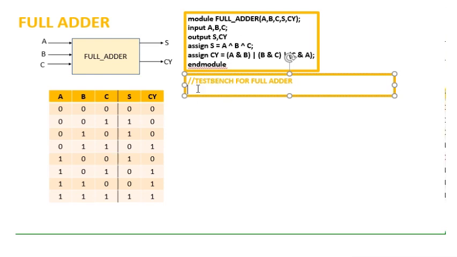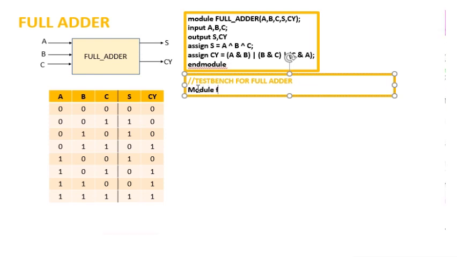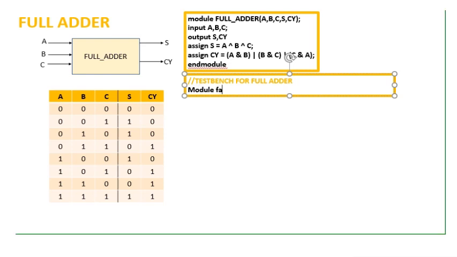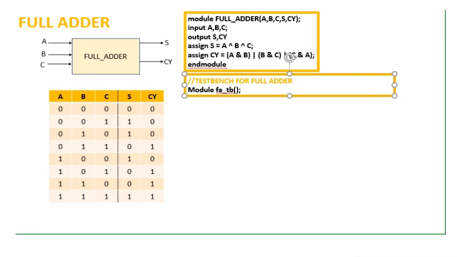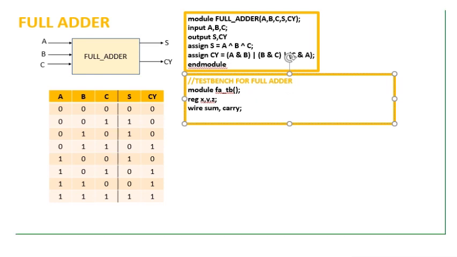So the test bench is a module, let me take full adder underscore TB as the name of the module, and empty parenthesis because there are no ports. The corresponding signals are declared here.